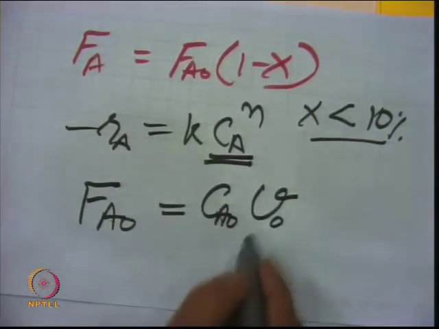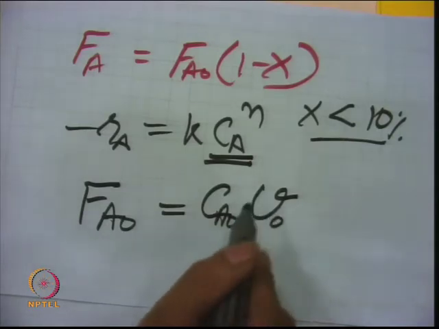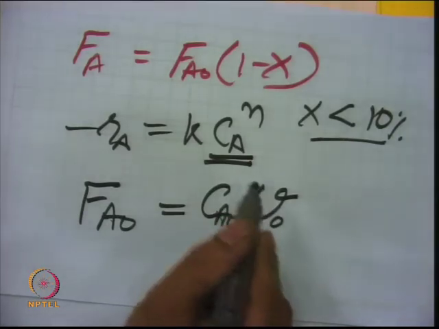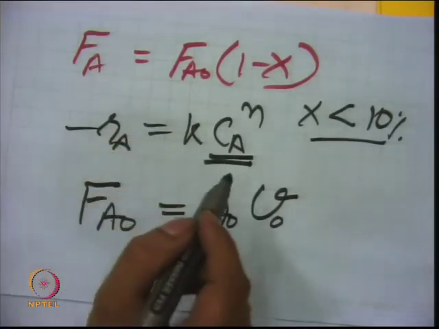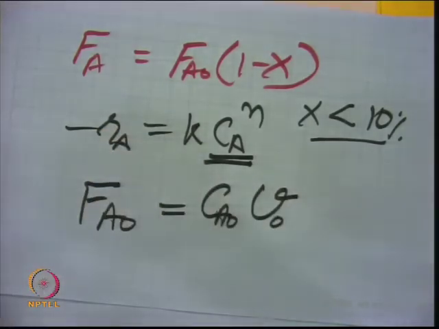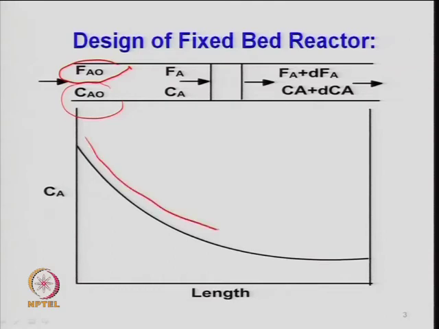This is the volumetric flow rate, not the superficial velocity, and that can be related by the area of cross section of the reactor multiplied by the superficial gas velocity. One can see that when there is a conversion, the concentration of the reactant species goes down, and one can find the exit concentration or correlate this concentration with the conversion data.